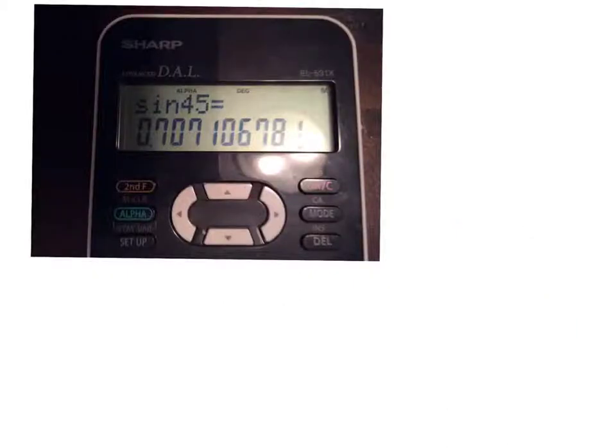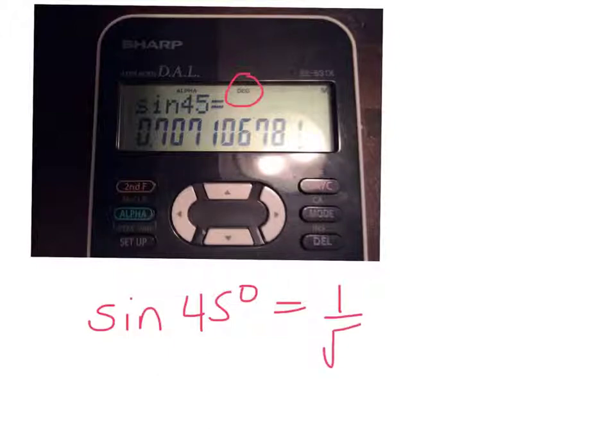All right, this is what you should have on your calculator. You should have the sine of 45 equals, and if you notice I have degrees here, 0.707106781. So that's the ratio of the sine of 45. Let's check that against the answer that we got in the previous slide, which is the sine of some known angle, sine of 45 degrees, equals 1 over root 2.